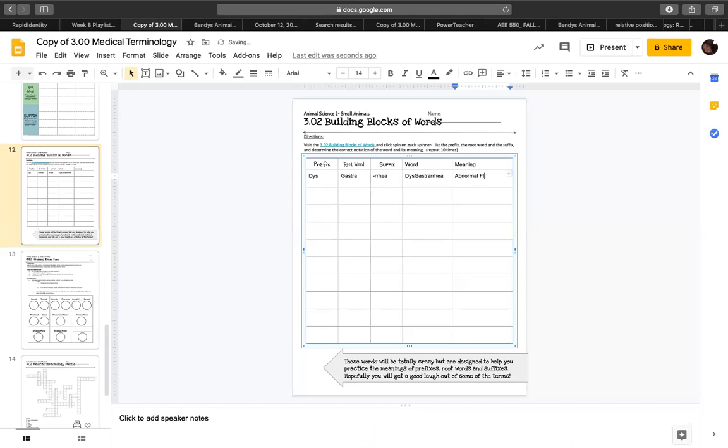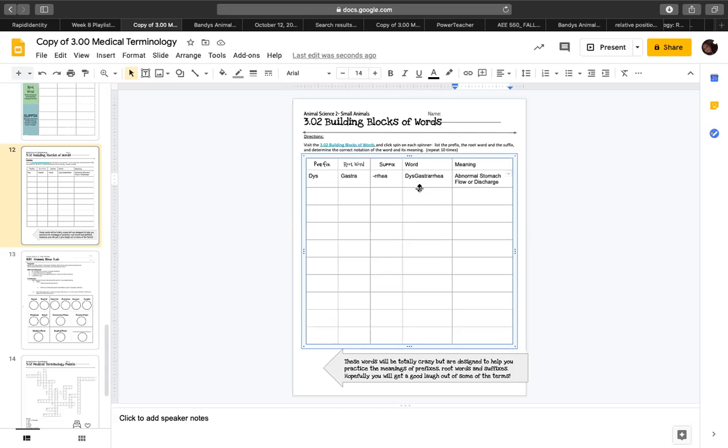Abnormal flow or abnormal stomach flow or discharge. So that would be what the word dysgastria, yeah, dysgastria. That would be what that word means.